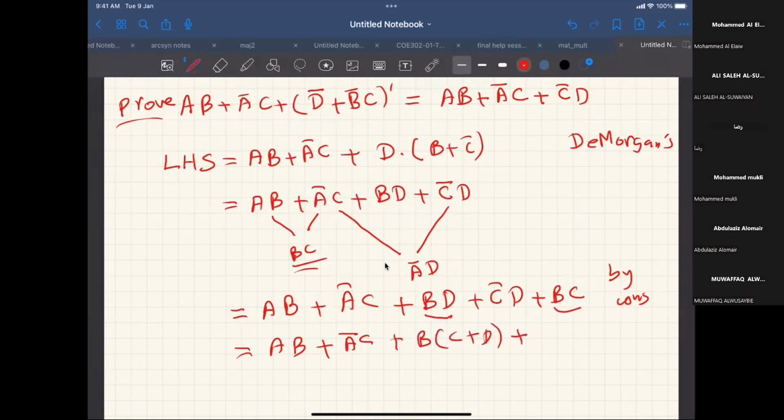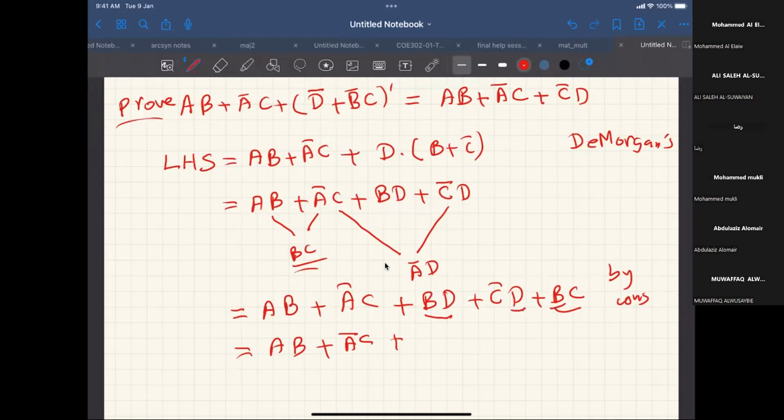Actually, you don't need to, Doctor. You can take BC and C bar D. Yeah, so basically B and C and C bar, this will give you DB.